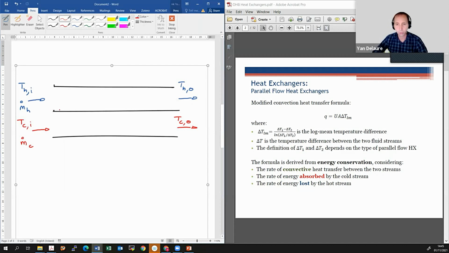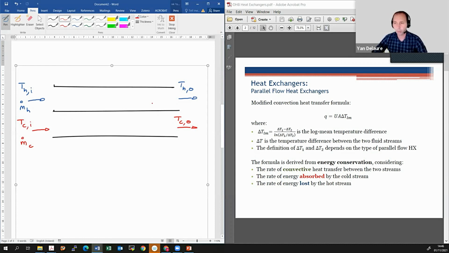And that surface is used to separate the two fluids. You don't want them to mix. So we have a fairly simple and easy to study heat exchanger problem. This is called a parallel flow because the two flow streams are parallel to each other, and it is also called a concurrent flow heat exchanger because they both flow in the same direction.